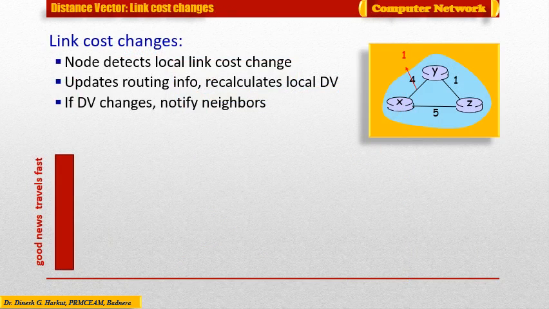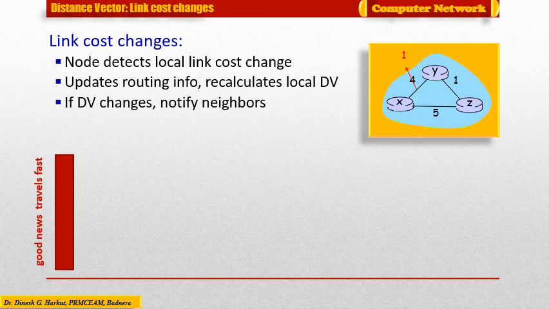When a node running the distance vector algorithm detects a change in the link cost from itself to a neighbor, it updates its distance vector, and if there is a change in the cost of the least cost path, it informs its neighbors of its new distance vector.